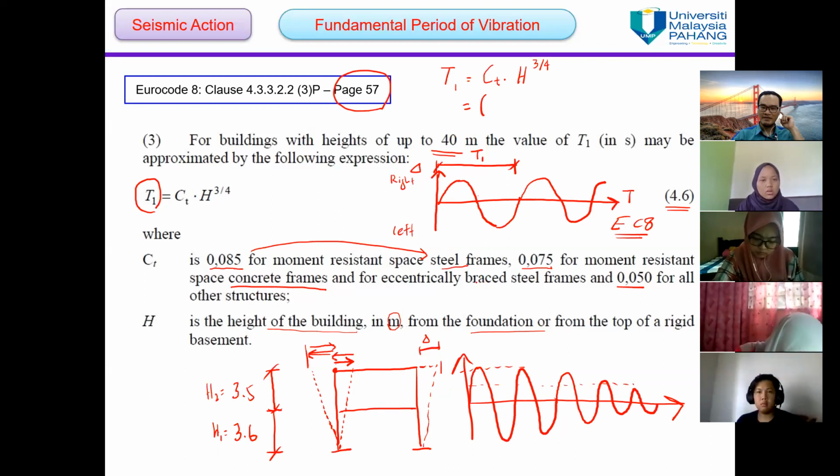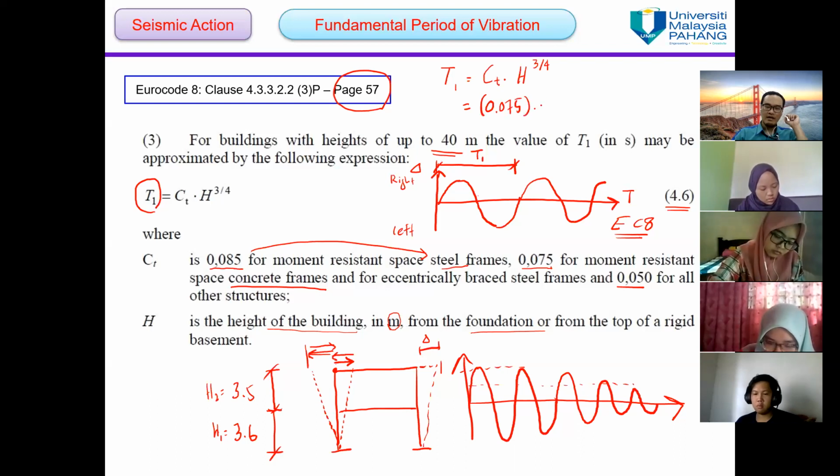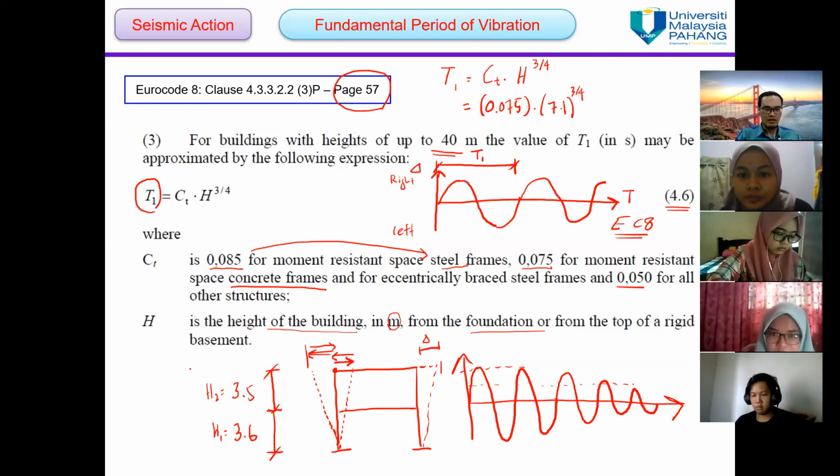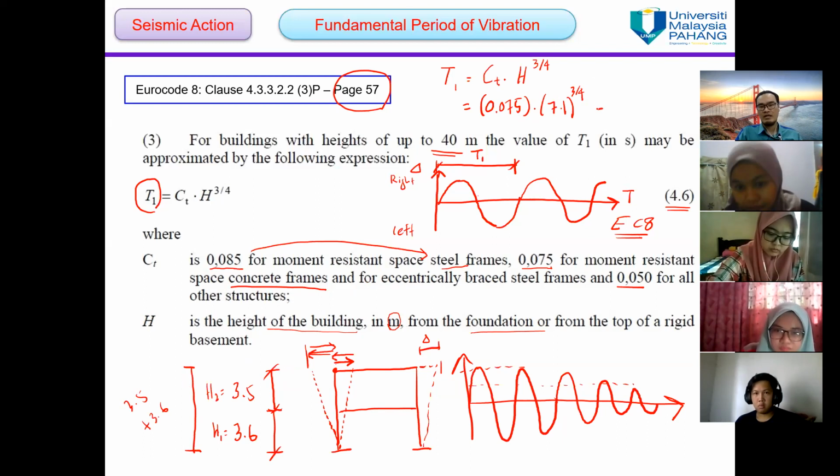Okay, sorry, good try. 0.075. And then how about the H? What is the value of H? 7.1. Yes, 7.1 to the power 3 over 4, because H is the total, so you have to total up 3.5 plus 3.6.